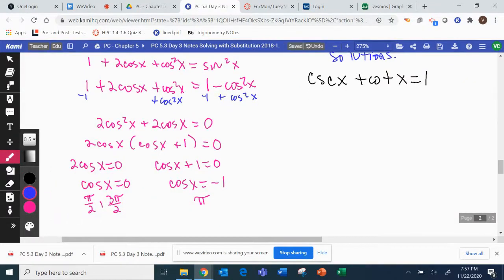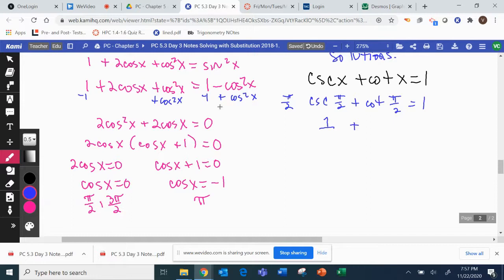So our first solution was pi over 2. So I'm going to do cosecant of pi over 2 plus cotangent at pi over 2 has to equal 1. So the cosecant at pi over 2 would be the reciprocal of what sine is at pi over 2, which is 1.